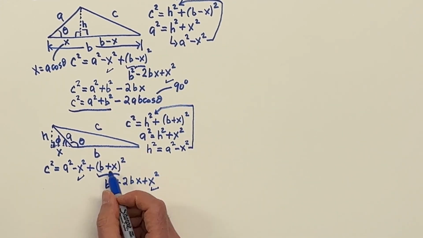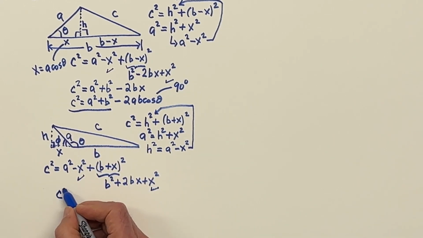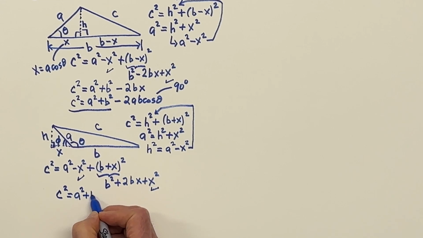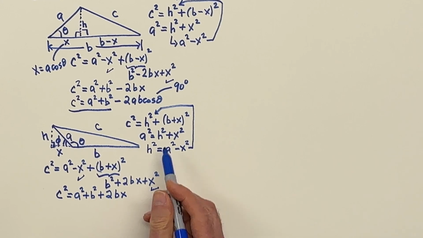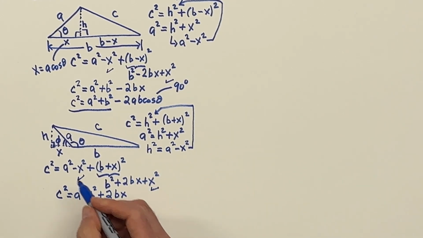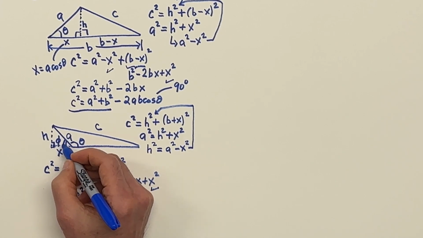And what we're going to have here, similar equation, but just with the plus sign. C squared is a squared plus b squared, and then plus 2bx.